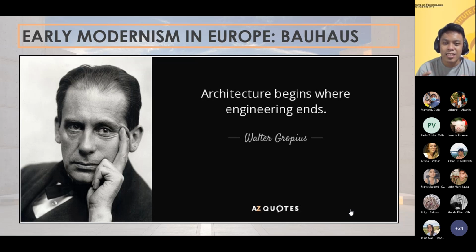After that, that's where architecture starts. Why does architecture start there? After your building is constructed, that's the time the users enter. The users come in, and at that time they can experience the space that you designed way ahead.